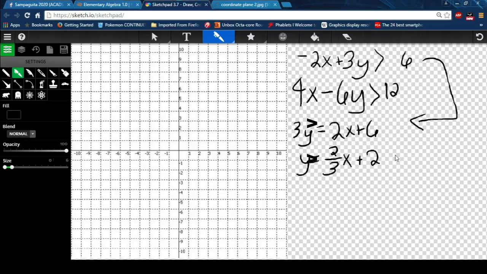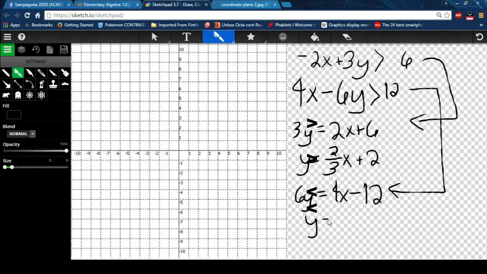Then we simplify the second inequality, so it becomes 6y equals 4x minus 12. Then we divide both sides by 6, so it becomes 2/3 x minus 2.